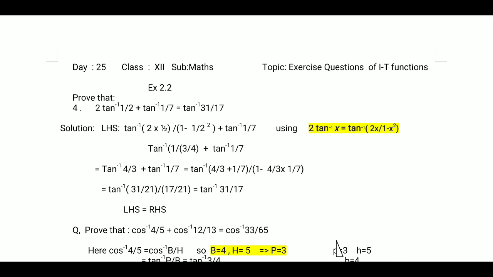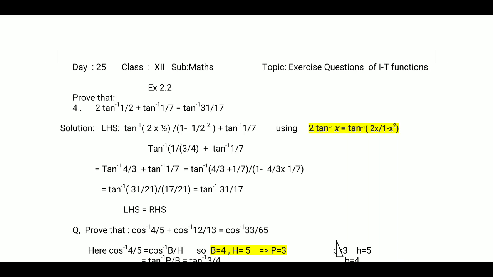We take the left hand side and we have so many formulas as we have discussed. 2 tan inverse x is equal to tan inverse 2x upon 1 minus x square. Here we are having 2 tan inverse half. Half is in place of x.